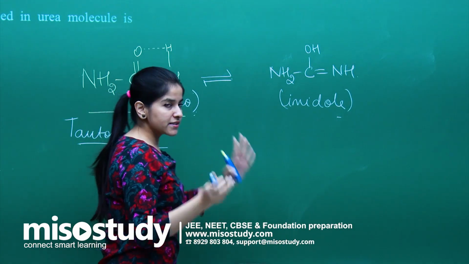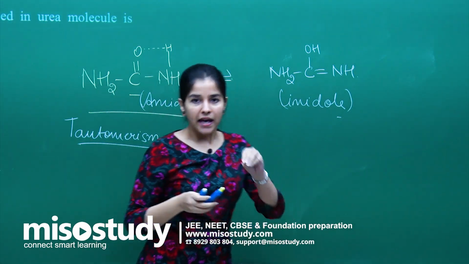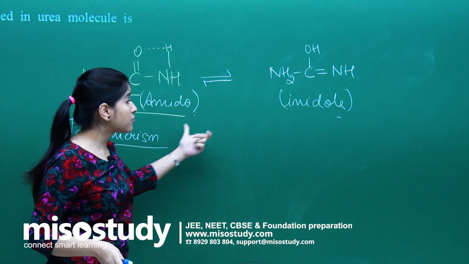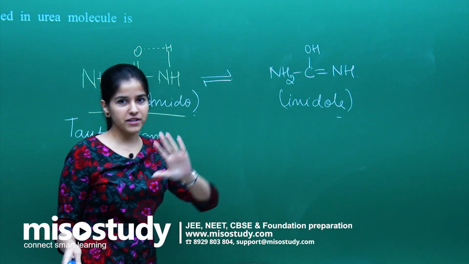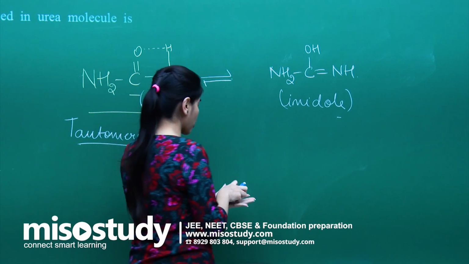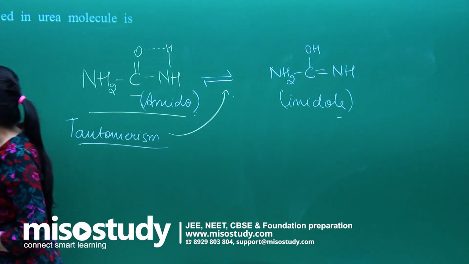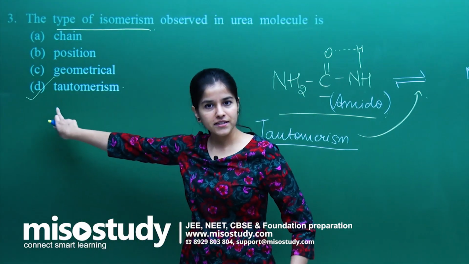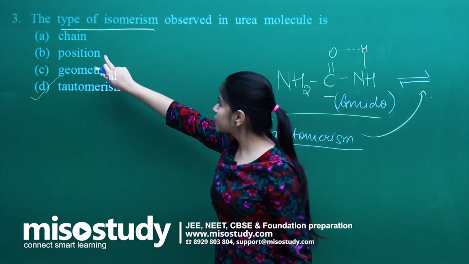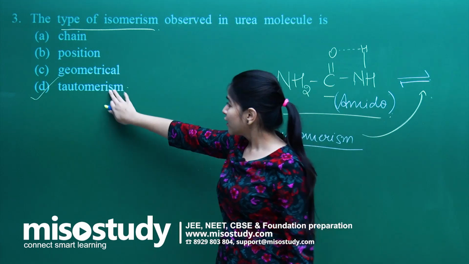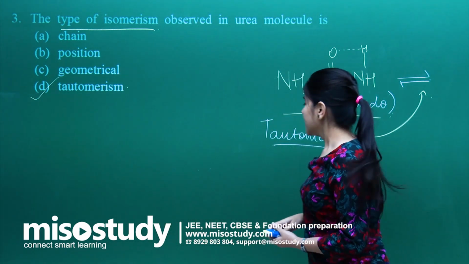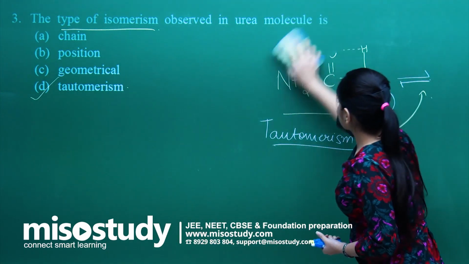Amido and imidol. Instead of keto-enol, in the case of urea, I name it as amido and imidol. I hope everybody has got it. This is nothing but the tautomerism. So finally we have got the answer, that is D over here: not chain, not position, non-geometrical, but tautomerism. So let's move on to the next one.